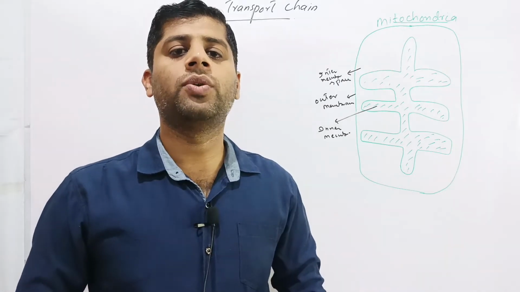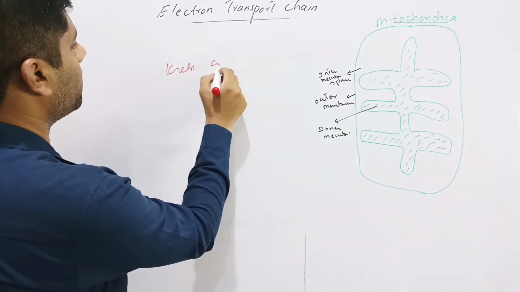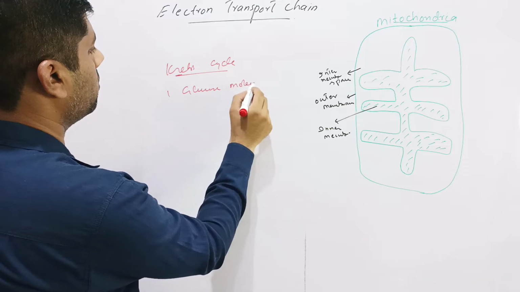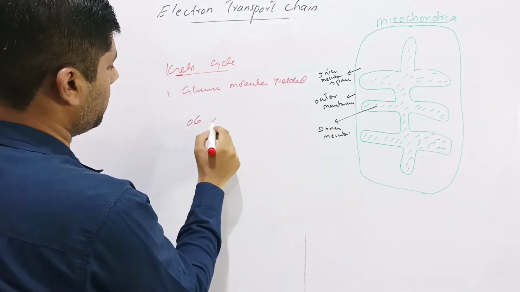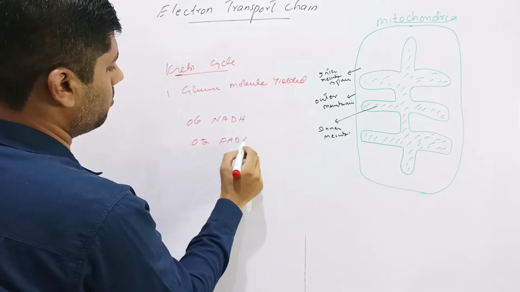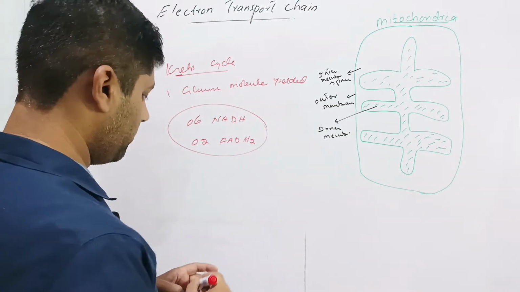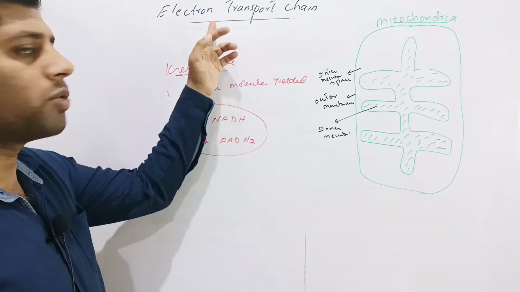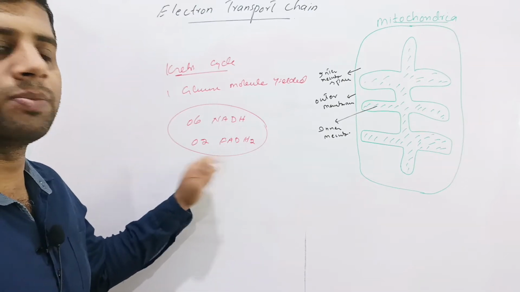As we know, during the Krebs cycle, one glucose molecule yielded 6 NADH molecules and 2 FADH2 molecules. These two molecules are coenzymes that contain a huge amount of energy stored in them, and the function of the electron transport chain is to release the stored energy from these molecules.